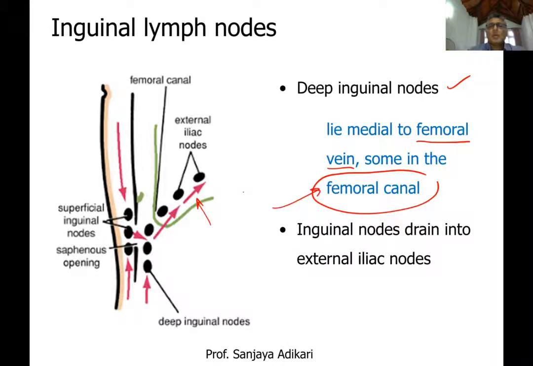I'll show you. All inguinal lymph, whether superficial or deep, usually drains into deep nodes. Most of the superficial lymph drains into deep lymph nodes, and whether they enter it or not, ultimately both will drain into the external iliac nodes.